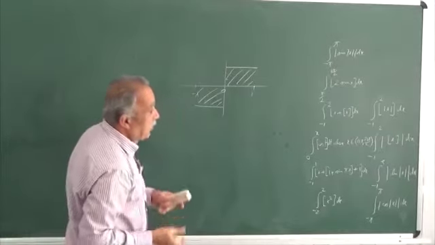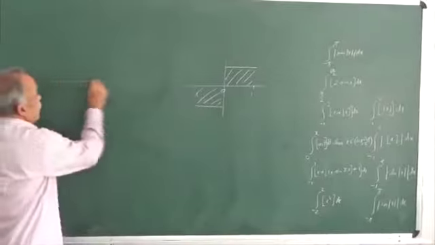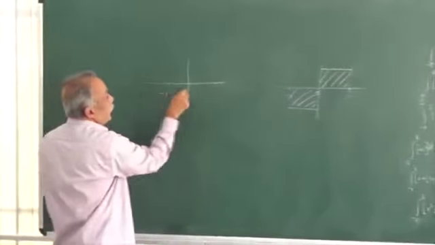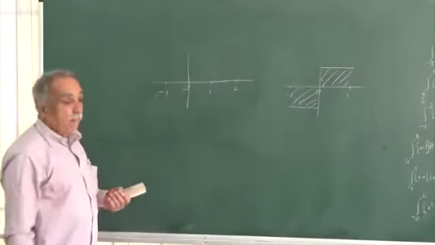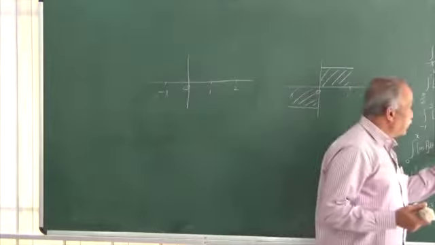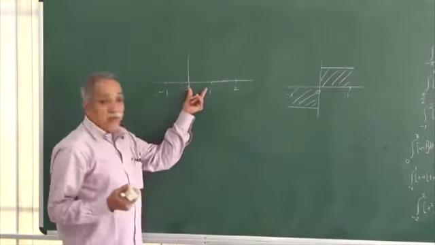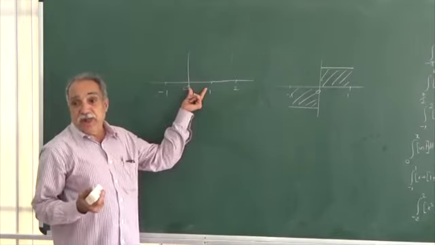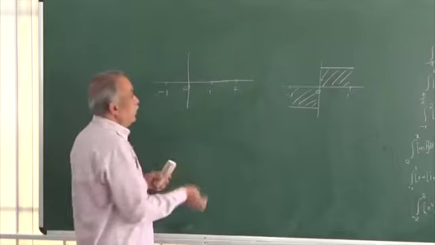Integration of the integer part of mod x for x between minus 1 and 2. First, let me consider numbers between 0 and 1. For numbers between 0 and 1, the modulus is itself, and the integer part will be 0 throughout.